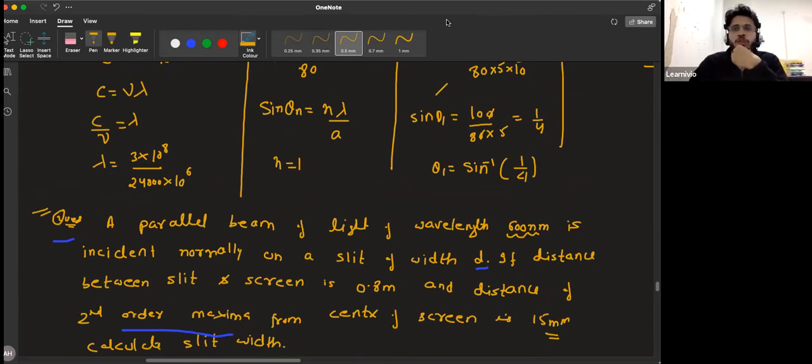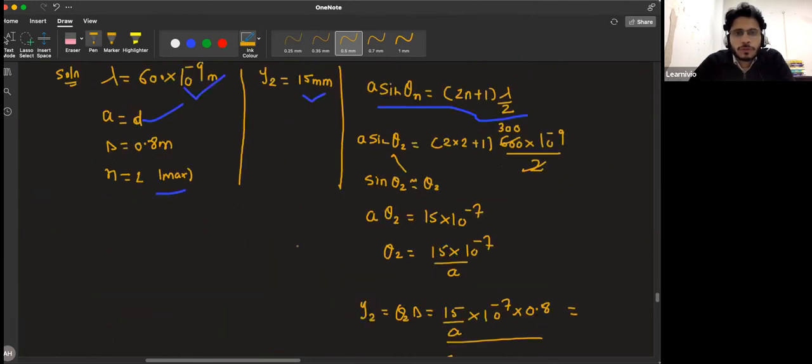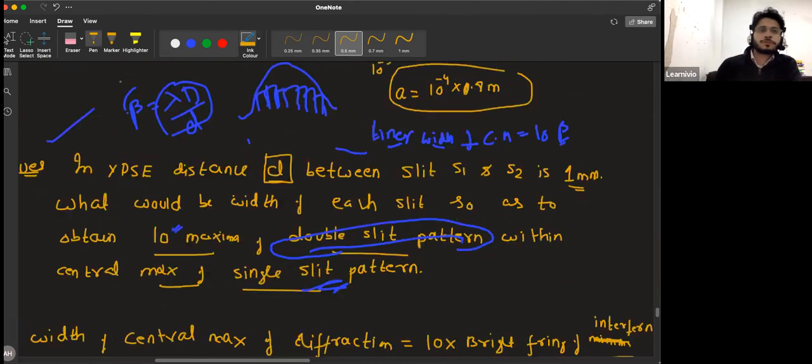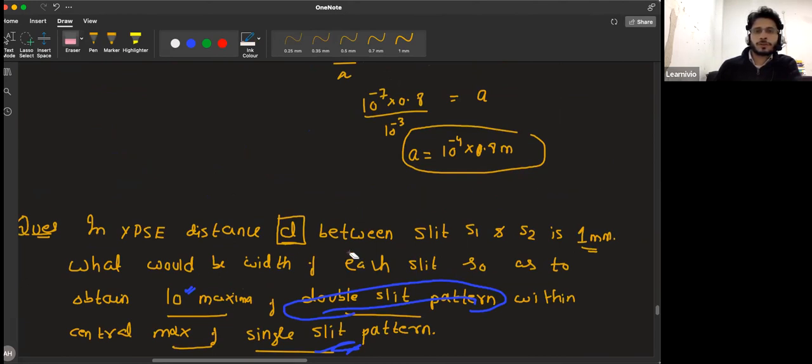Single slit experiment means diffraction. No, not even this. This is also power. Do this one. Single slit means diffraction. Double slit means interference. Young's double slit experiment.